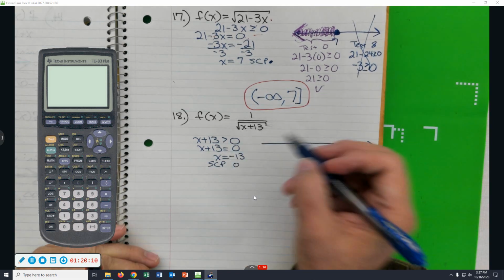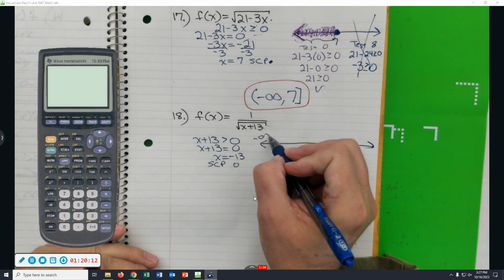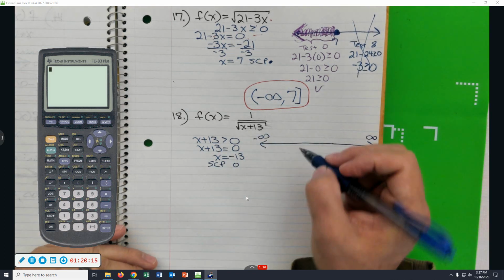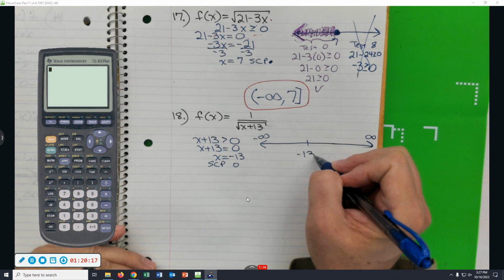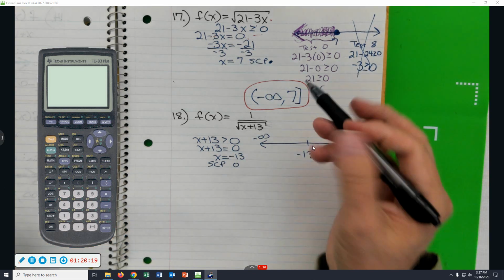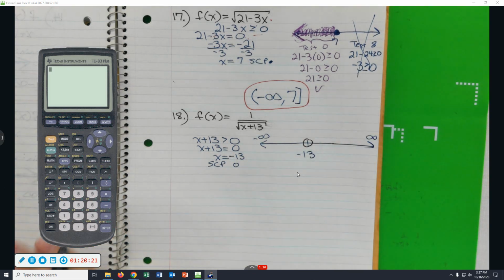Here's my number line. There's my negative infinity and my positive infinity, and there's my negative 13. You said we'd have it open. We're going to shade one side and cross out the other, so what number do y'all want to test? 0.